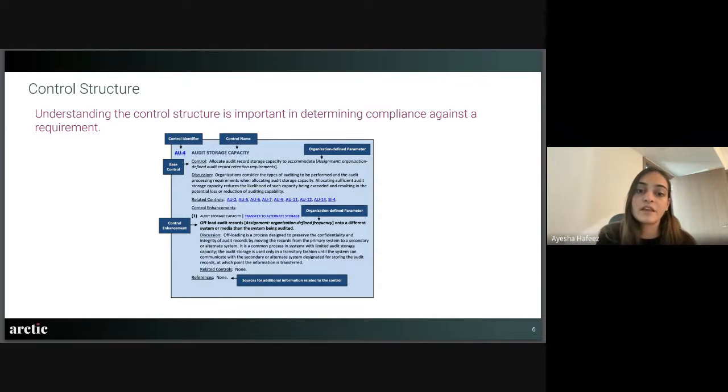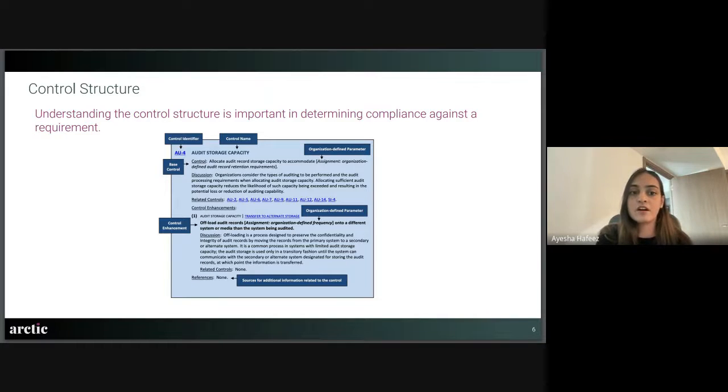The other thing that I wanted to highlight here is that within each control requirement, we have what we call an organization-defined parameter. These are essential entities that need to be extracted from the control standards and are useful for determining whether an organization is compliant or not.